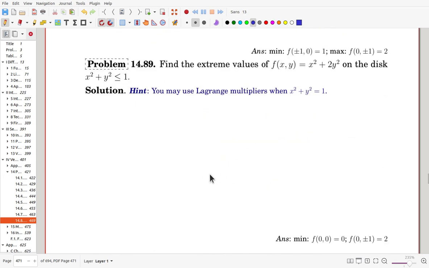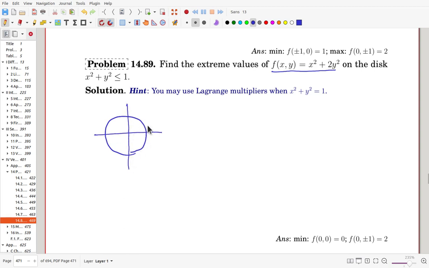Find the extreme values of the same function f(x,y) on the disk. Rather than the circle, we consider the circle and inside. Now, from the previous problem, we already know that along the boundary the values are decided. So maximum and minimum there are known.